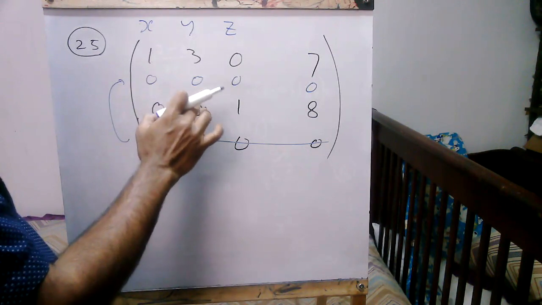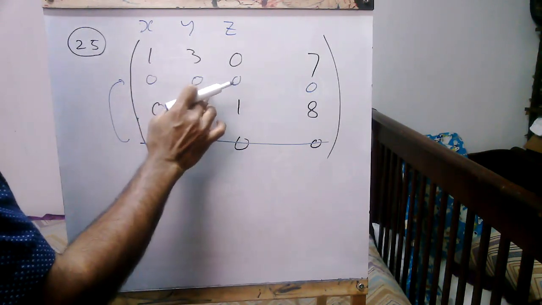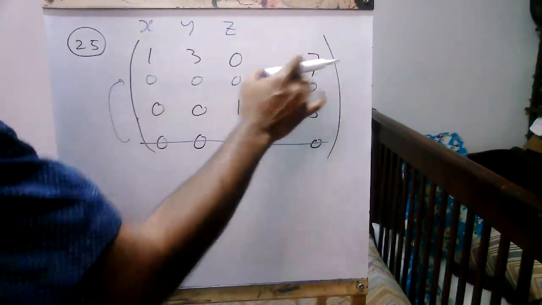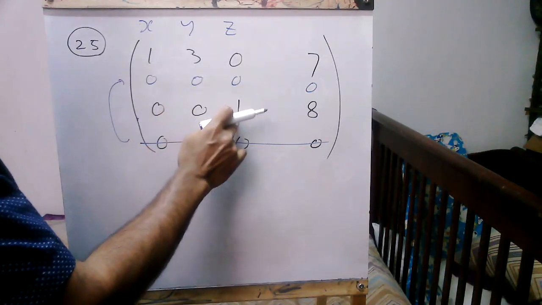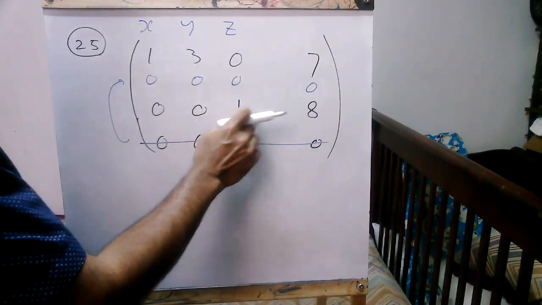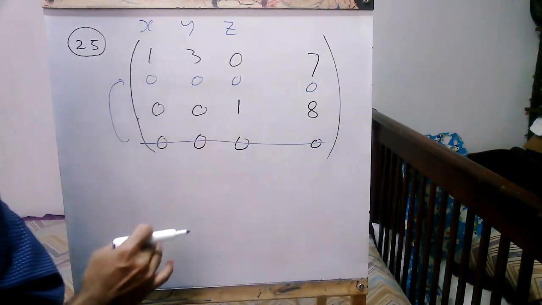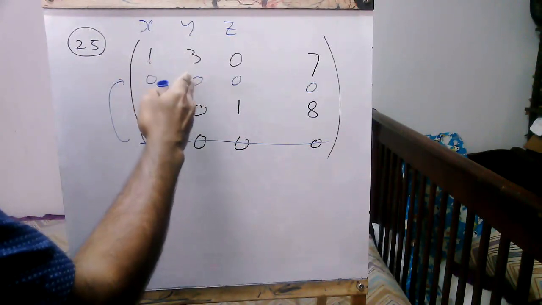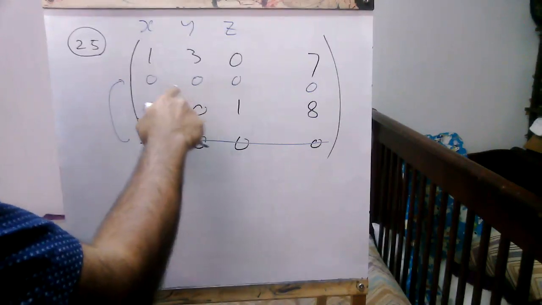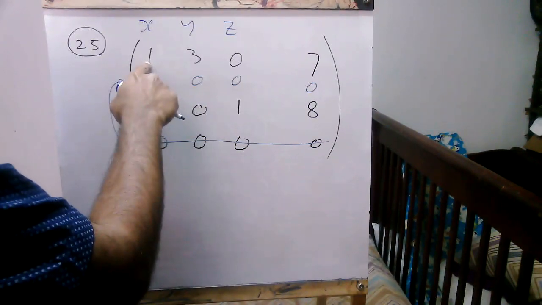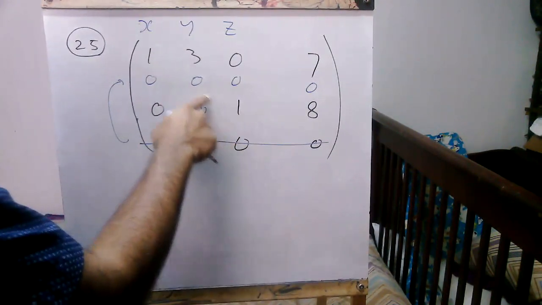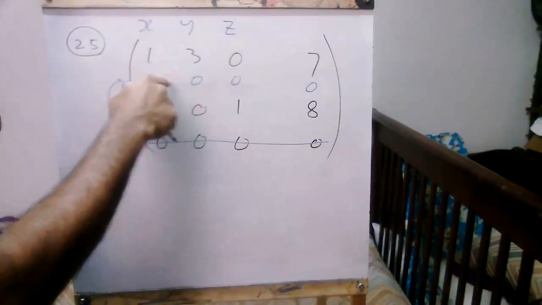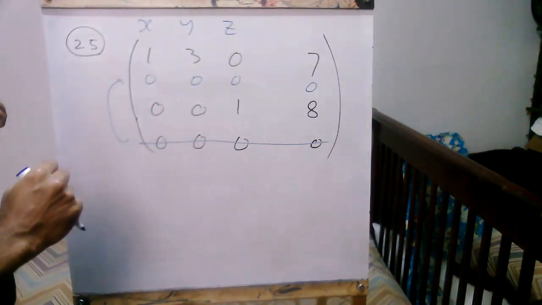Let's look at the other two. This one, everything becomes 0. In the third one, we see 1, but the other one is not 0. Anyway, we have to find 1 in the front of the row. Here we get 1. We cannot make 1 here because the whole row is 0.